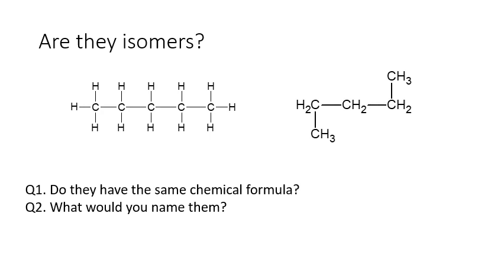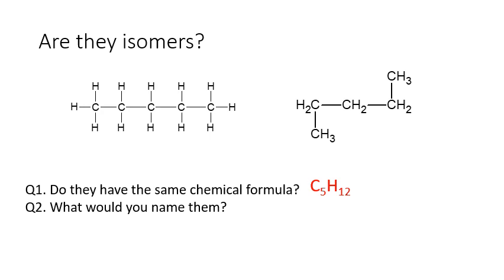Also, what would you name them? Hopefully you've done that, and you should realise that we've got 1, 2, 3, 4, 5 carbons on both molecules. You count up the number of hydrogens, and both those molecules have C5H12 as their formula. And what would you name them?